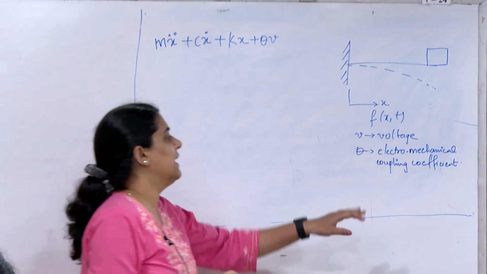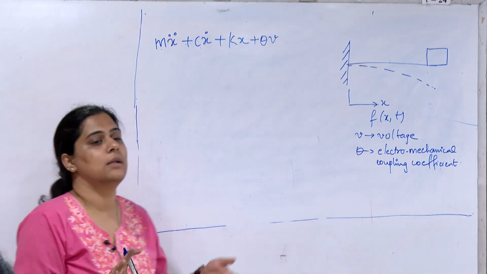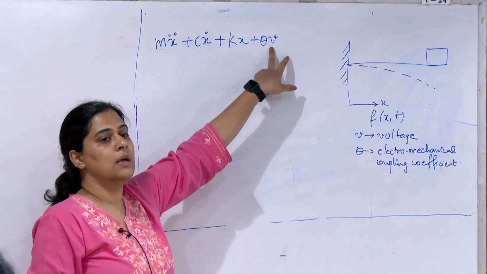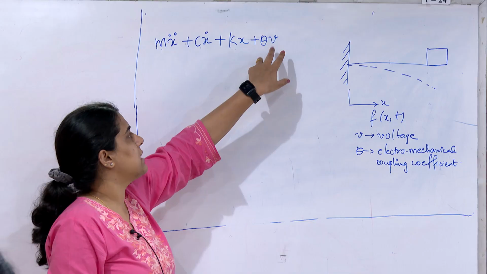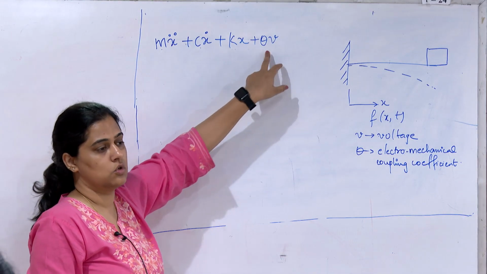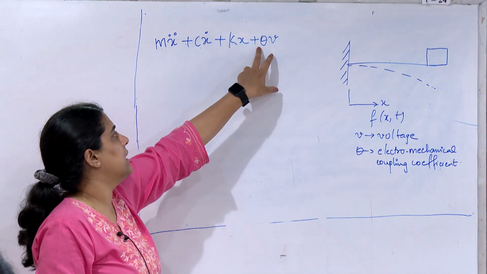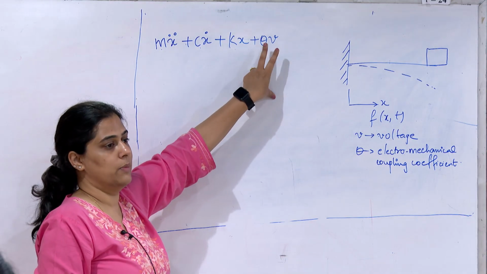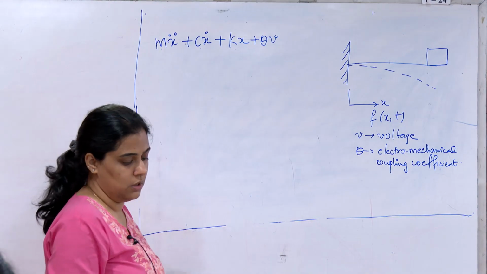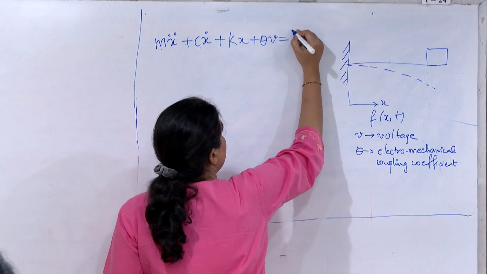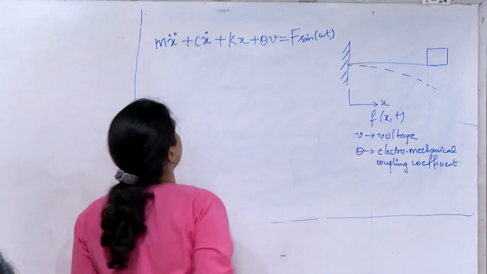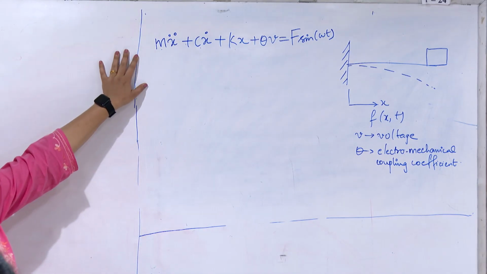Basically it is relating the electrical and mechanical part in the system. What theta is doing is giving some physical meaning to your voltage, so that it gives you the force term. When you multiply theta into V, it gives you a forcing term for this equation, which is equal to F sin omega t. So this is the mechanical part of the equation.